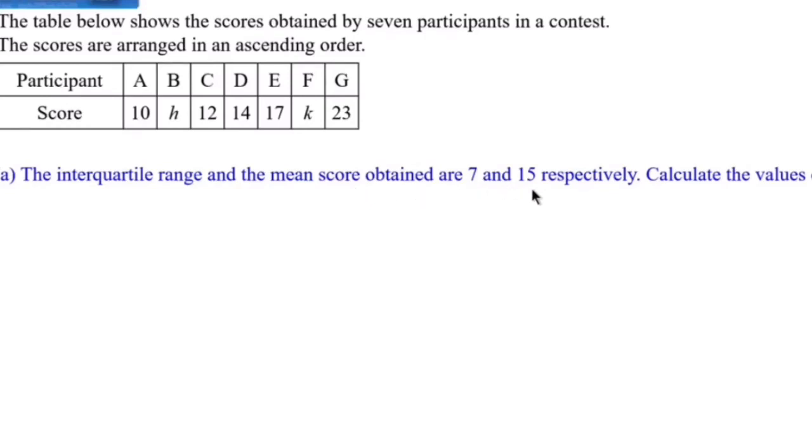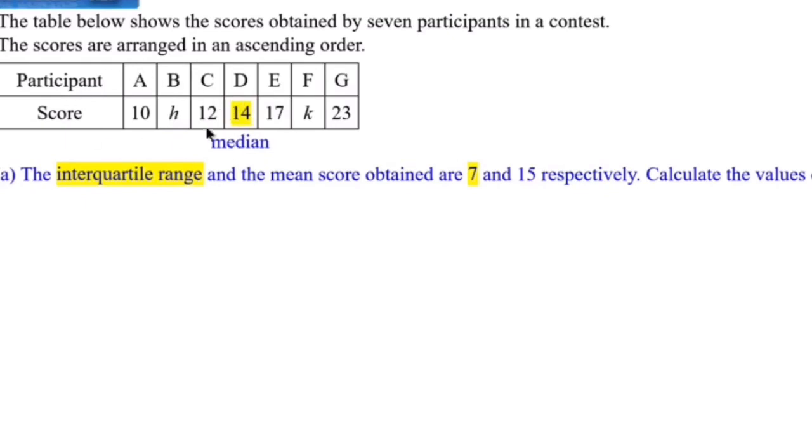So calculate the values of H and K. So the interquartile range is given 7. So by looking at the data, the median is 14. Okay, median is 14. So how to find the interquartile range? We have to find the Q3 and Q1. Okay, so interquartile range is given by Q3 minus Q1. So first we determine the median, and then we determine the first quartile, which is H, Q1.